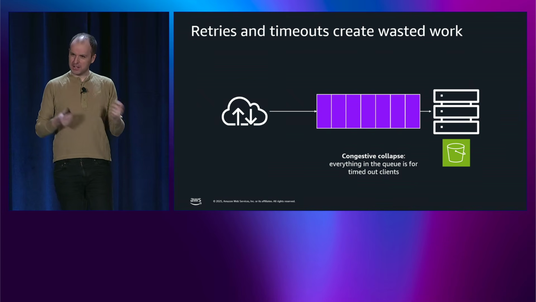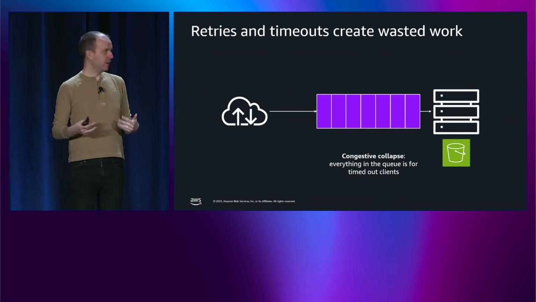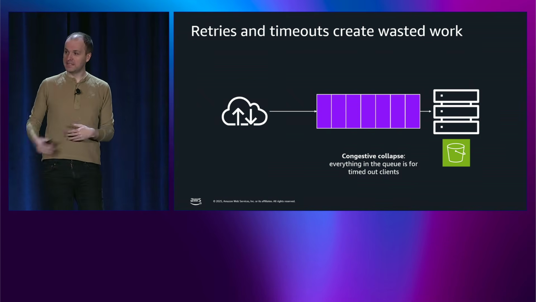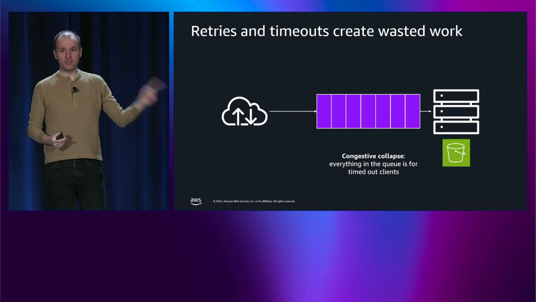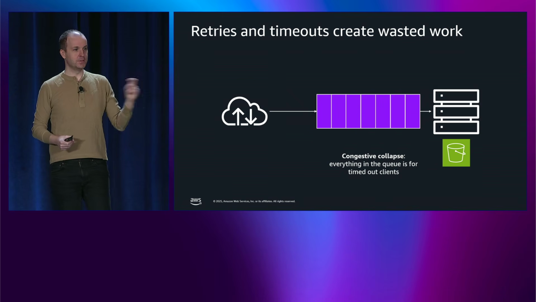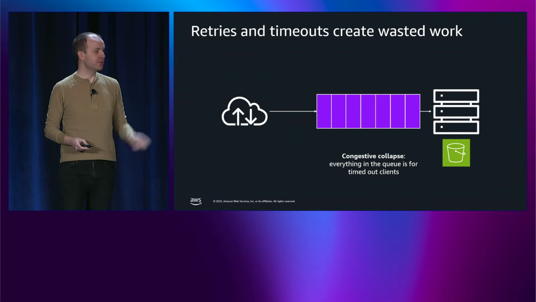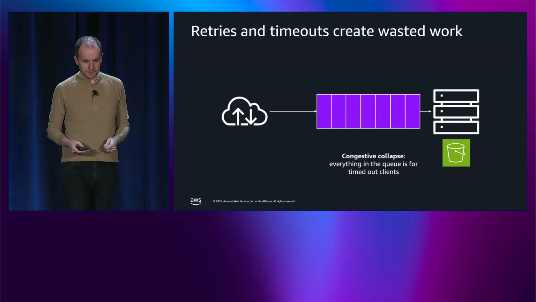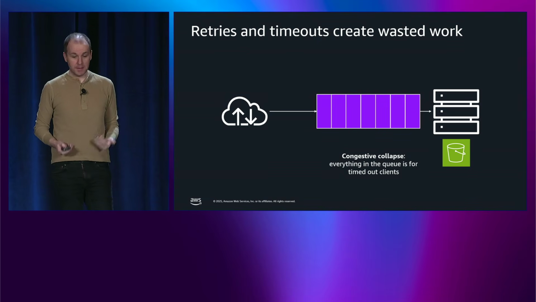It's kind of a chain reaction effect, and it can be self-feeding, right? Because the server is overloaded, it's getting slower, that's causing clients to go and retry, that's causing more work to get put into the queue, which is causing more retries, and so on and so forth. So you can get to the state where all you're doing is serving failed timeouts from retries over and over again. So like I said, we call this congestive collapse.